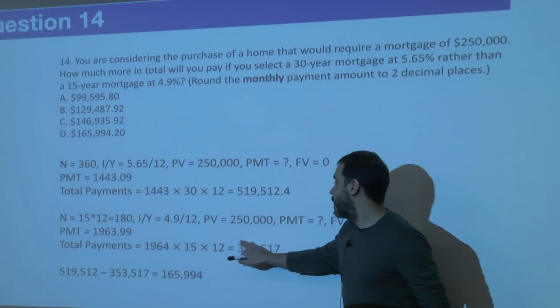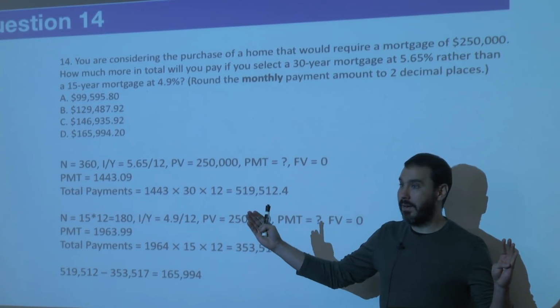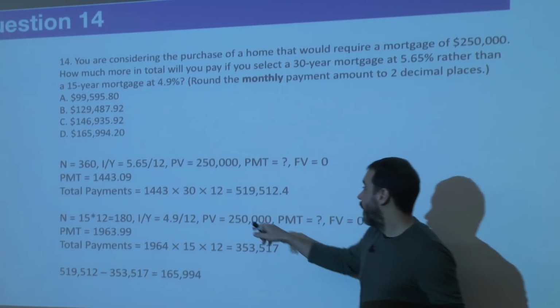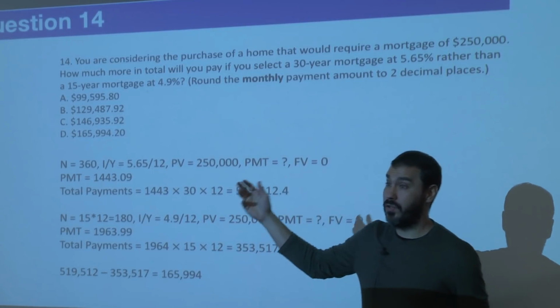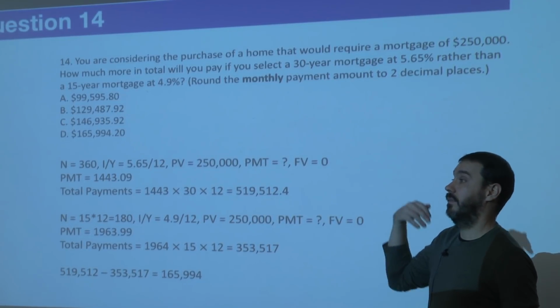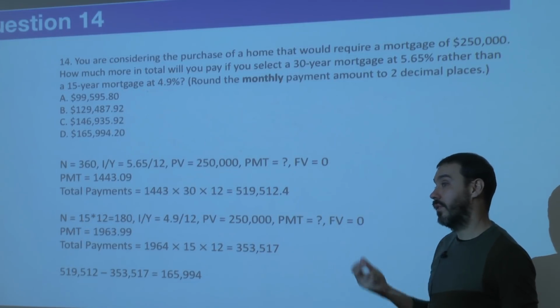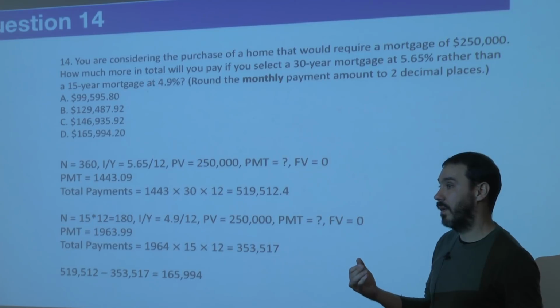Meaning all these dollars that I gave to somebody are within 15 years. Here, part of these dollars are paid in a very distant future. And we know from time value of money that the value of dollars in the future is less than dollars closer to us in time.